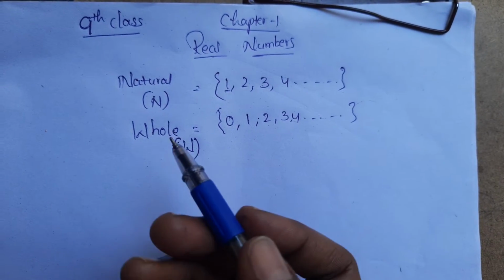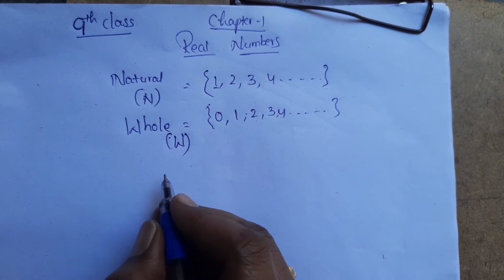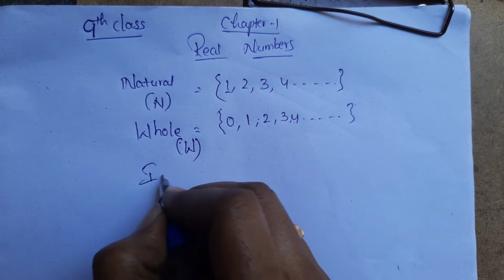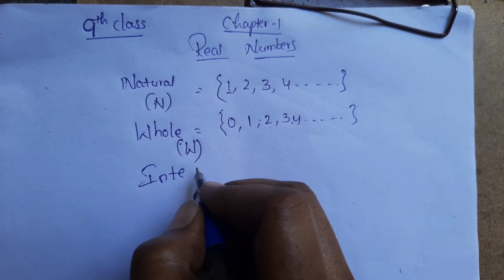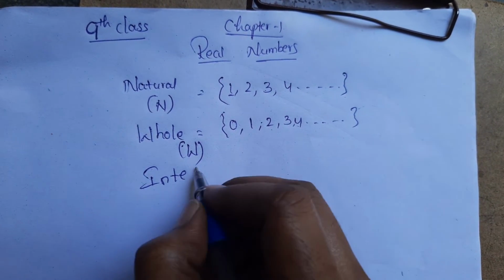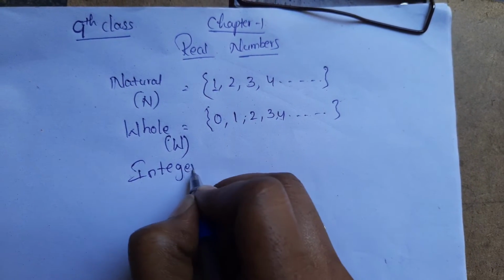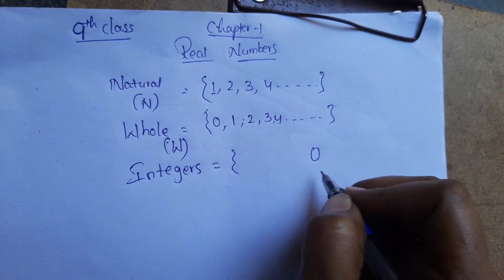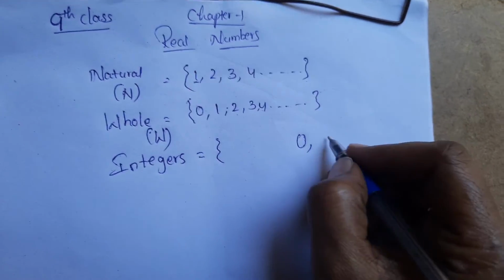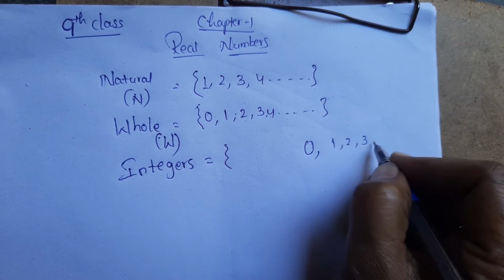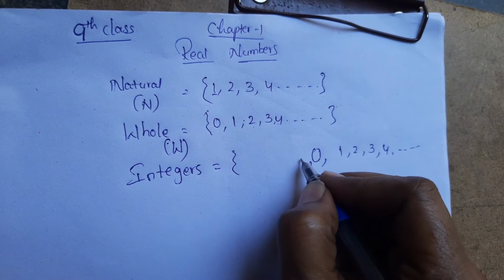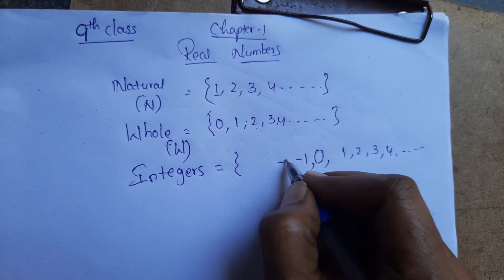Now, what are natural numbers, what are whole numbers, and what are integers? I think you know already. Integers are positive, negative numbers along with 0: 0, all the positive numbers 1, 2, 3, 4 and so on, and negative numbers, which we should write on the left side.